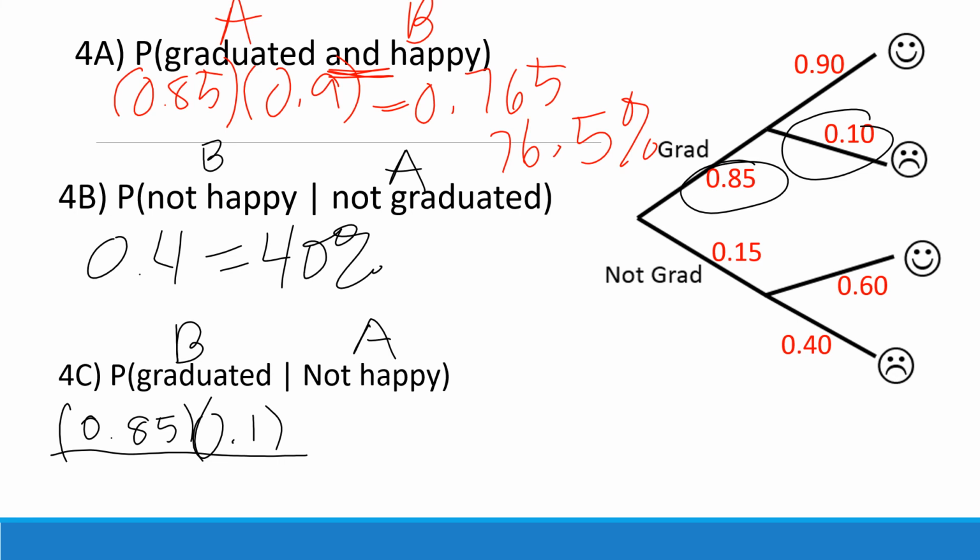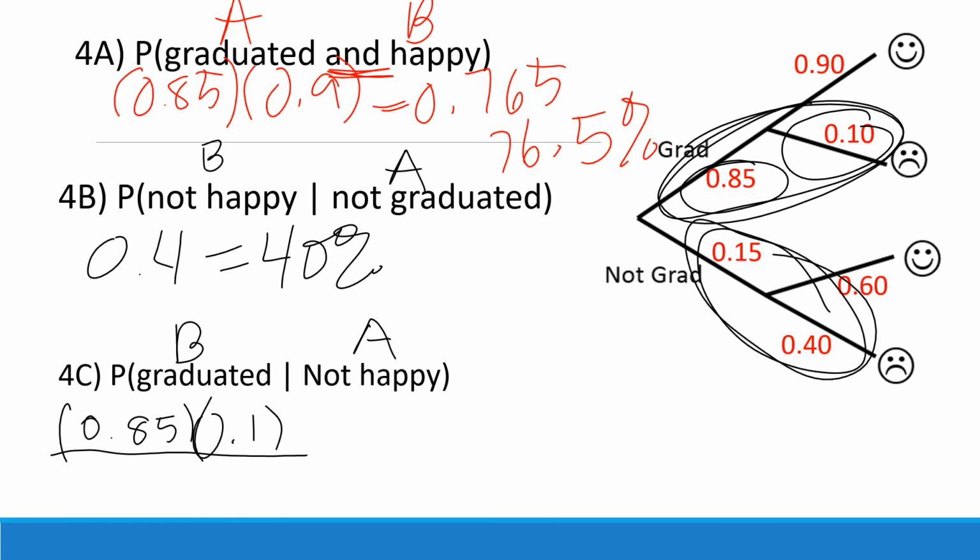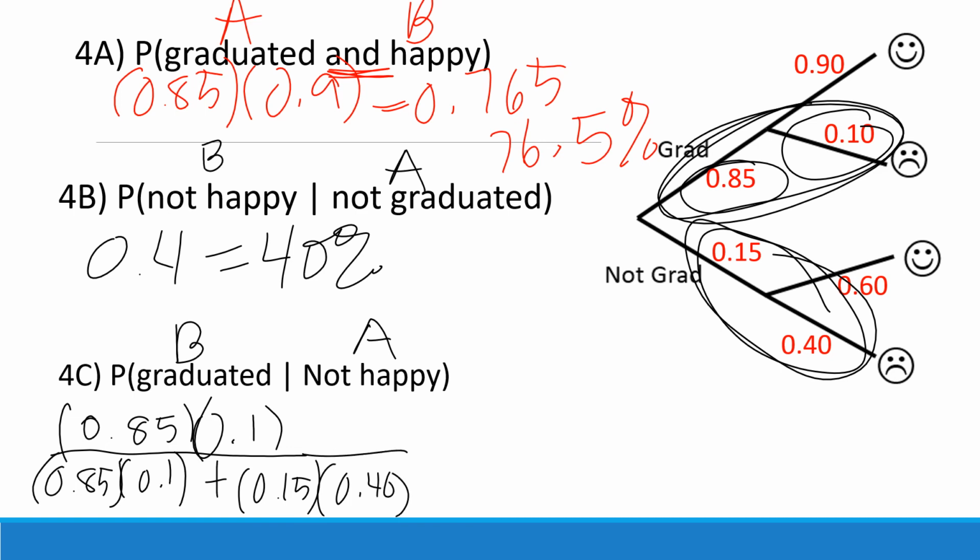Okay, so this is where it gets a little tricky. We're going to have this option here, and then this option here, so we're going to add up the probability of the two. So 0.85 times 0.1 plus 0.15 times 0.4, because they can be graduated and not happy, or they can be not graduated and not happy. That's why we add the two. On the top, we're going to have 0.085.